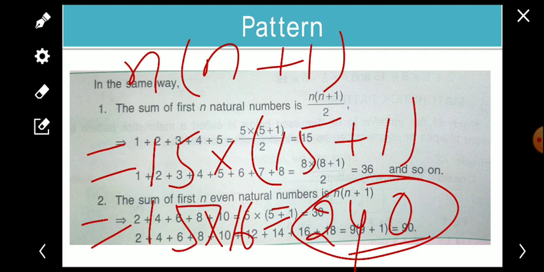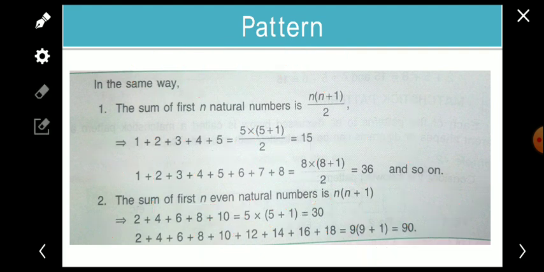If you add 15 even natural numbers, 2, 4, 6, 8, 10, 12, 14, 16, 18, like this, then you will get this result 240. So it is a very useful formula to find this sum.